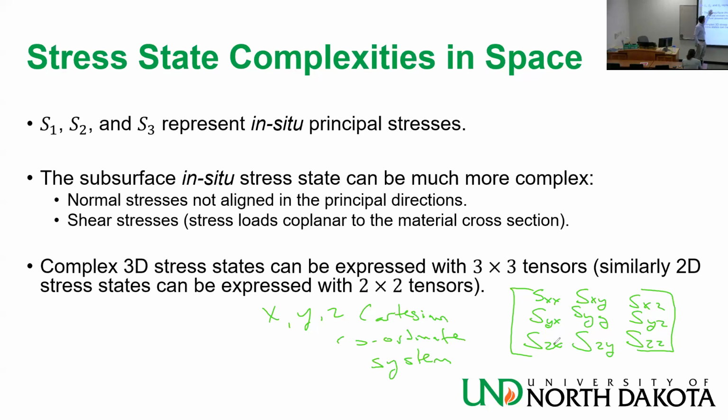From those S1, S2, S3, the way I set my system, I can get up to 9 different values, or I can be smart and set my system a certain way to make my life easier, to make as many of these terms as possible go to 0.